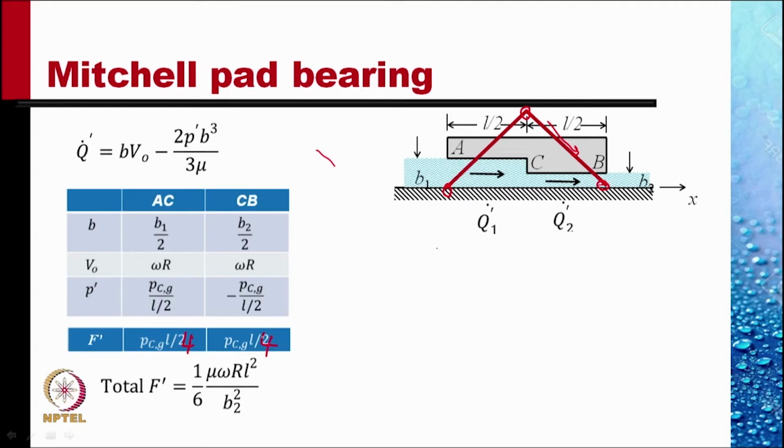The total force that we evaluate comes out to be this. This is the total thrust that this bearing can support when gap B2 is 1/2 of gap B1.